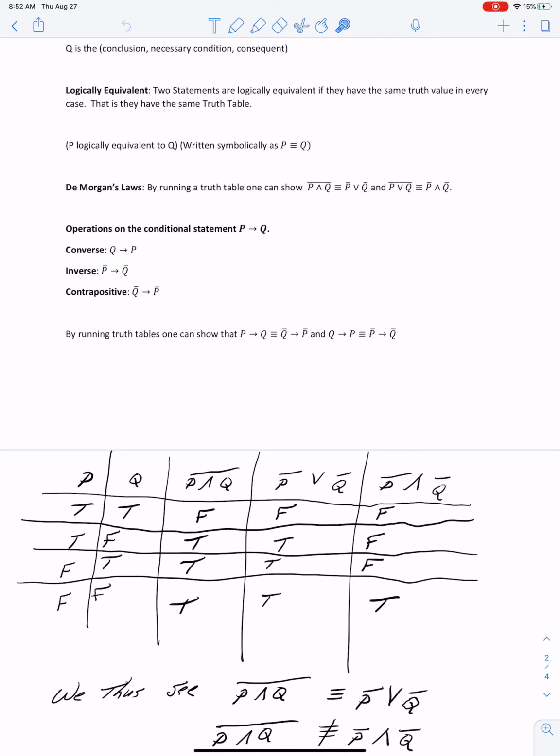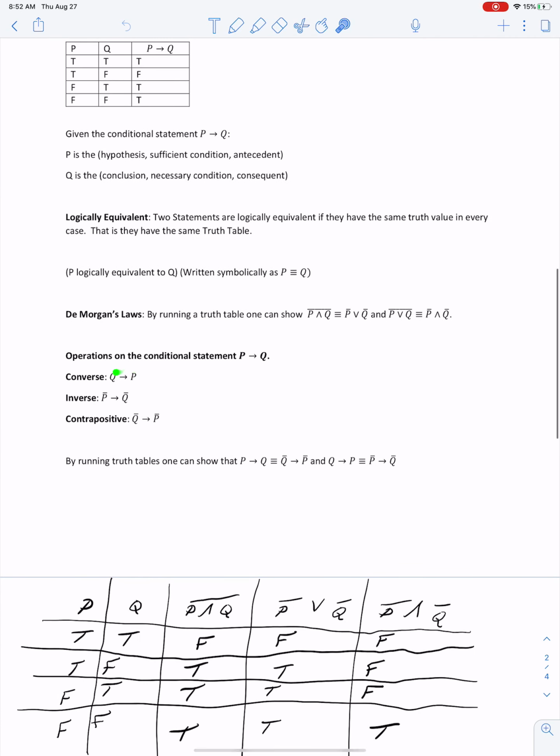Well, but I've just shown down here that anytime I take a contrapositive, I get something logically equivalent. So from that, I know that Q implies P is logically equivalent to its contrapositive, not P implies not Q, therefore, these two are logically equivalent.